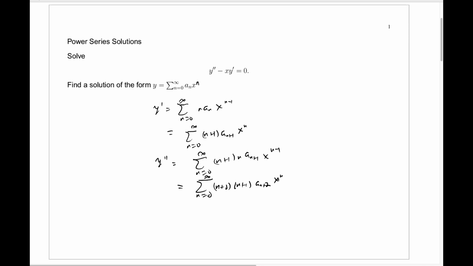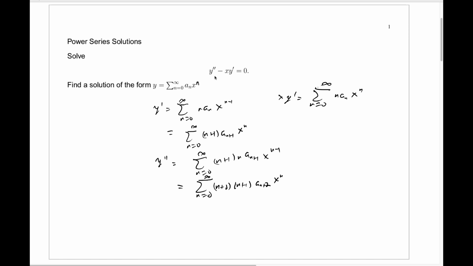x to the n. Now, notice here we don't just have y double prime and y prime, we have y double prime and x times y prime. So x times y prime, I'll put over here, and we're going to use this form for y prime. x times y prime is just x times this series, and we can bring that x into each term and write that as the sum from n equals 0 to infinity of n a sub n x to the n.